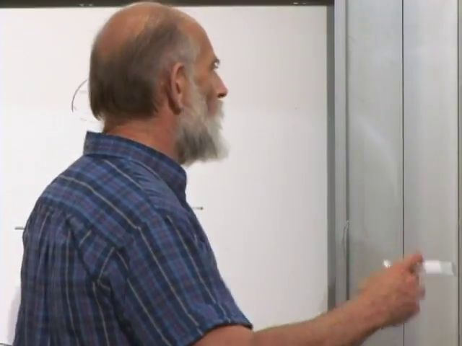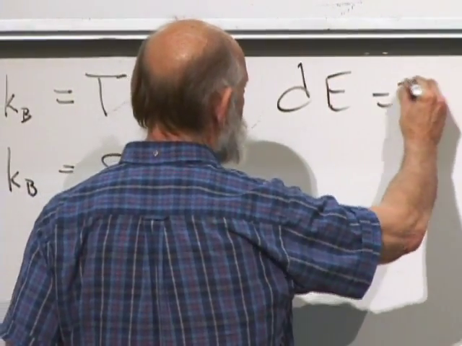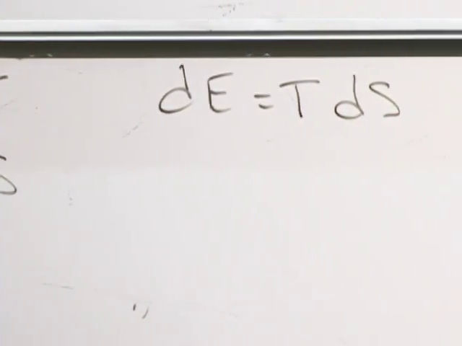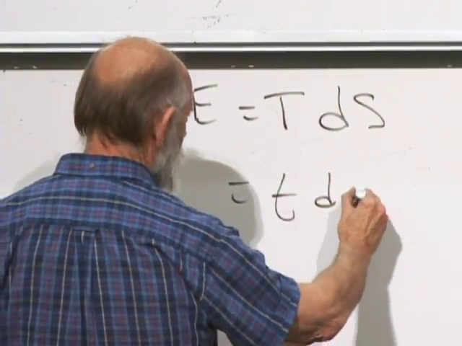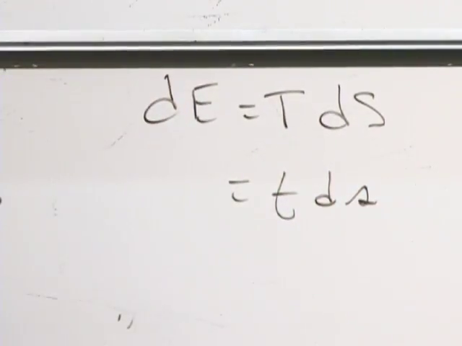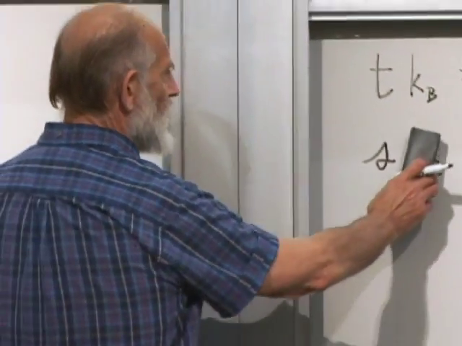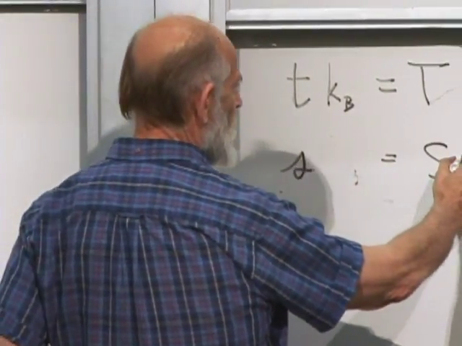Well, let's see. dE equals T dS, which should equal little t d little s. So I think I have this upside down. I think it's K Boltzmann in the denominator. Yeah, I think that's right.